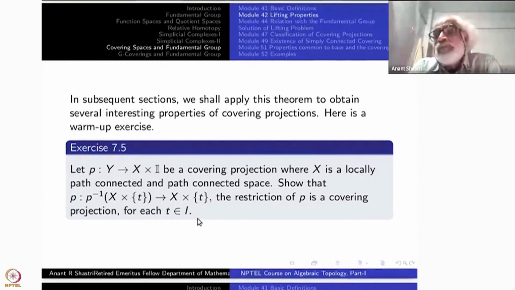That is what you have to show. Remember, if you take arbitrary subsets, the full inverse image, then that will be a covering projection. Okay, so this is not a very difficult thing to prove.